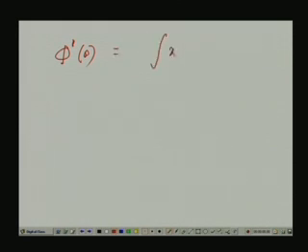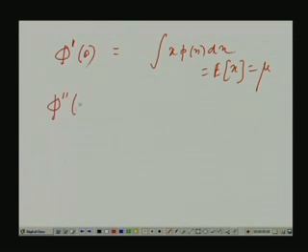In the integral you have got x to the power n, which is nothing but x, P x dx, in fact that is equal to E x, that is mu. Now n equal to 2, phi double prime means the second order derivative at the origin, at s equal to 0. What happens to that?